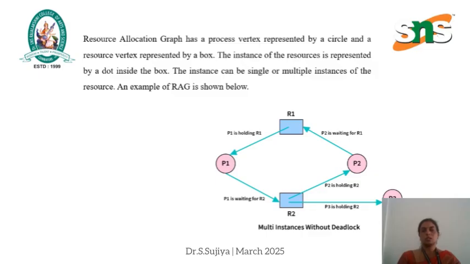And here P3 is holding resource 3, with no other holdings of resource 3, so P3 can complete its task peacefully because it does not require any other resource to complete its work. So this is how a resource allocation graph for multiple instances is depicted, to proceed further without a deadlock.